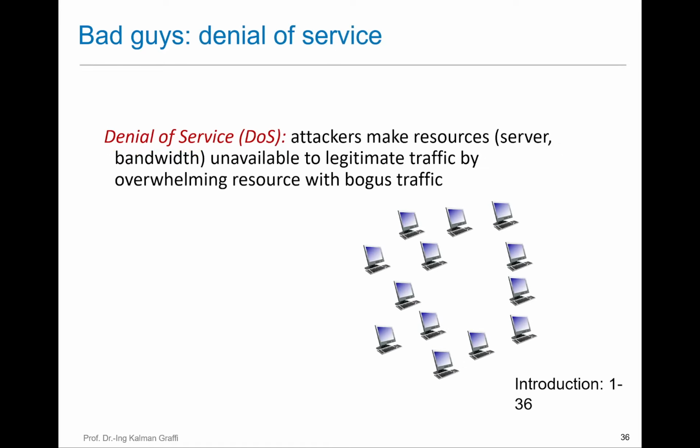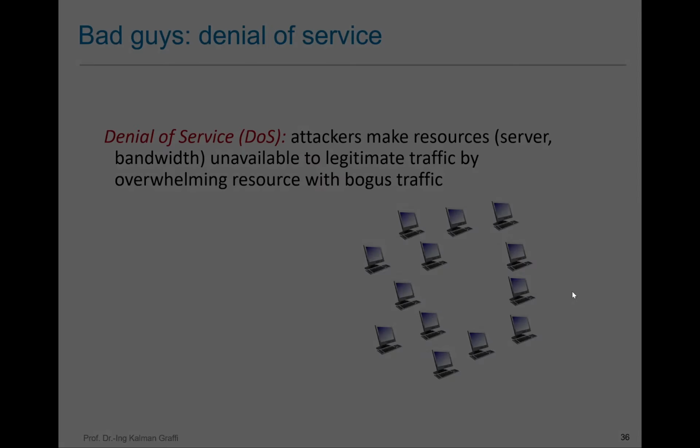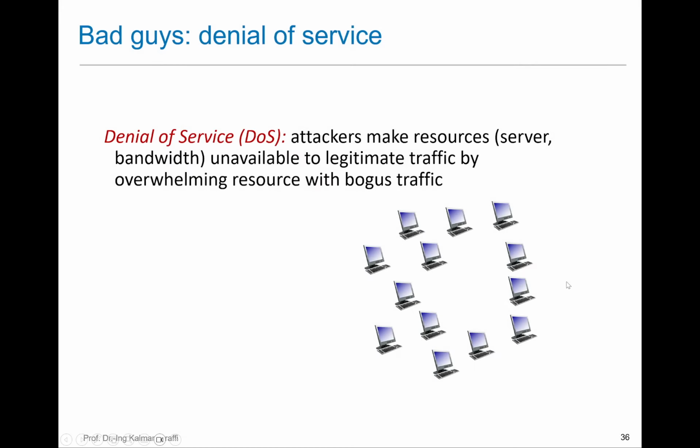Then again, pointing to availability, let's say every communication is proper and there are no attacks on the confidentiality and so on, but we want to attack the availability of a service. So what can they do?